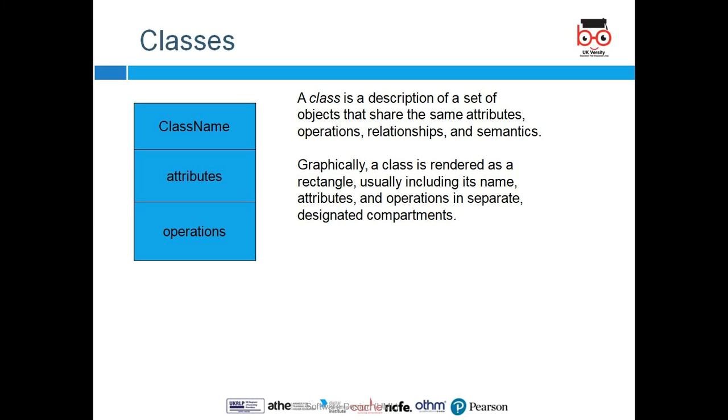So now let us look at the class or class diagram. A class is a description of a set of objects that share the same attributes. In the next slide, I will further clarify the difference between the class and the object.